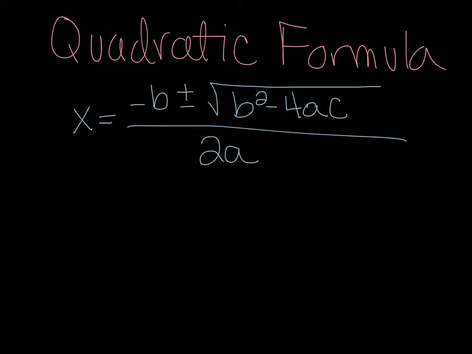And that fraction bar should cover that entire piece in the numerator. So negative b plus or minus the square root of b squared minus 4ac all over 2a.